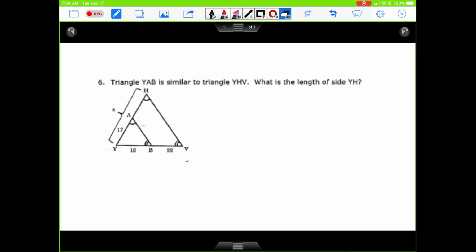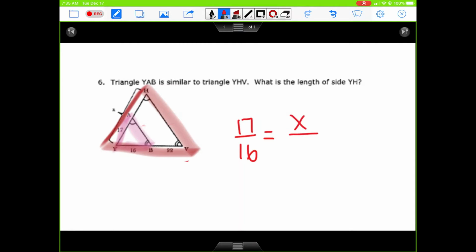Number 6, triangle YAB is similar to triangle YHV. What is the length of side YH? So this looks like one we've seen before. We have a smaller triangle here, and we have a bigger triangle on the outside. For my smaller triangle, my sides are 17 and 16, and that's equal to x, because I do not know this side on my bigger triangle, and my other side is going to be this whole thing down here, so 16 plus 22, which is 38.